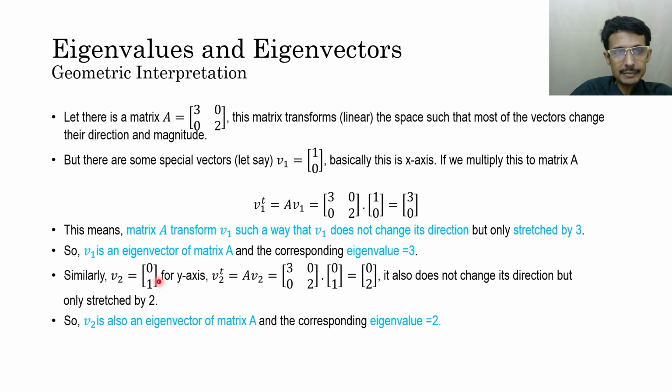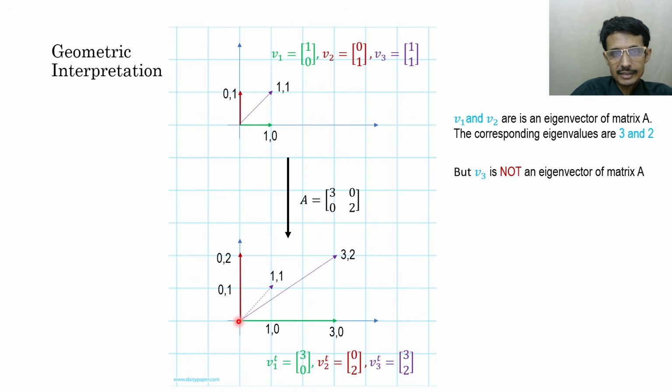Same as if V2 is (0, 1), the y-axis. If you do this transformation, you get (0, 2). It also doesn't change its direction, but is only stretched by 2. You see here that this y-axis, initially it was this, now it is stretched by 2.